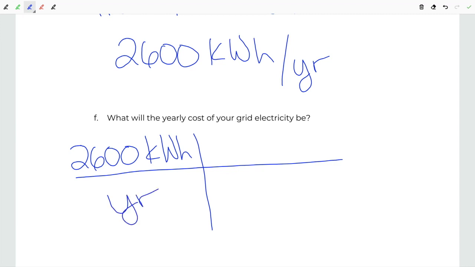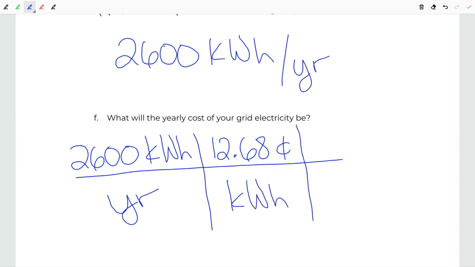And in New Mexico, our electricity costs 12.68 cents per kilowatt hour. And we want our answer in dollars. So that's 100 cents per dollar.